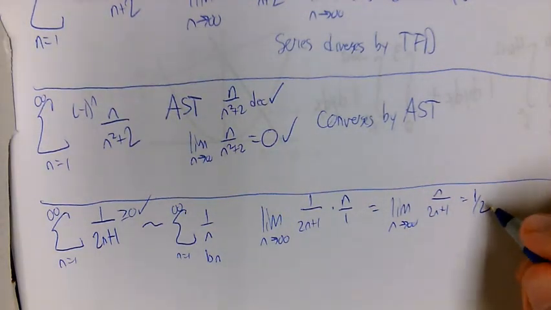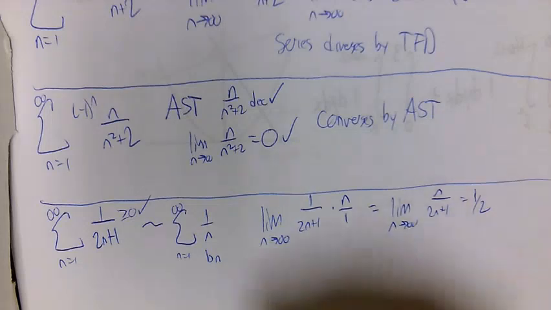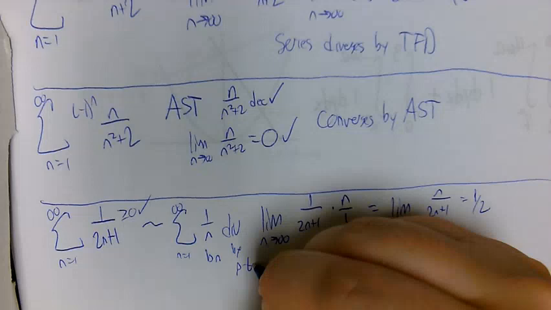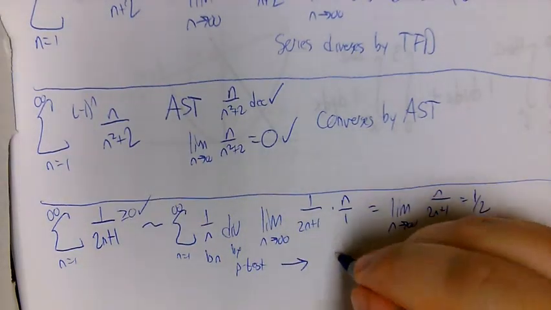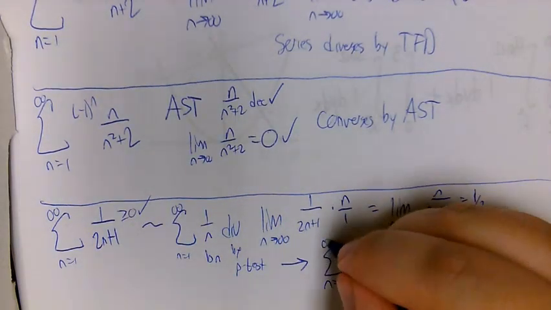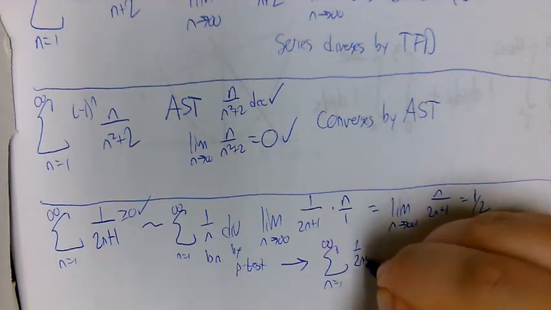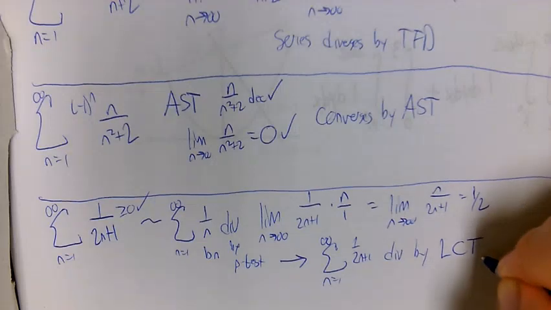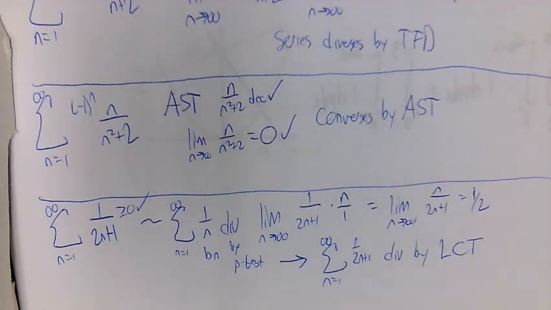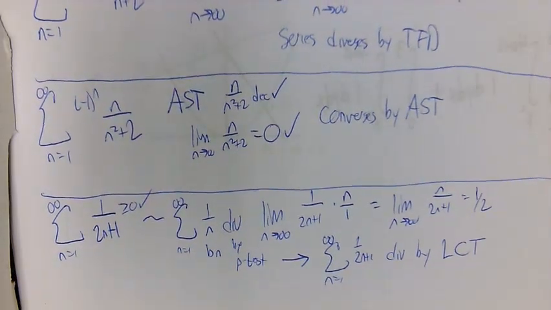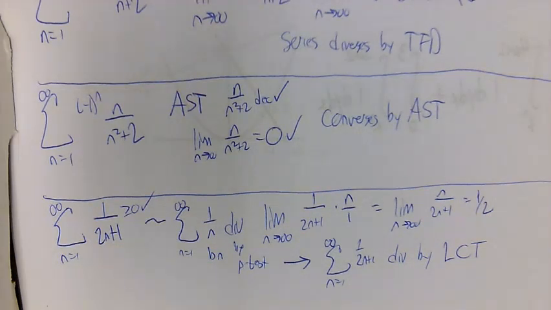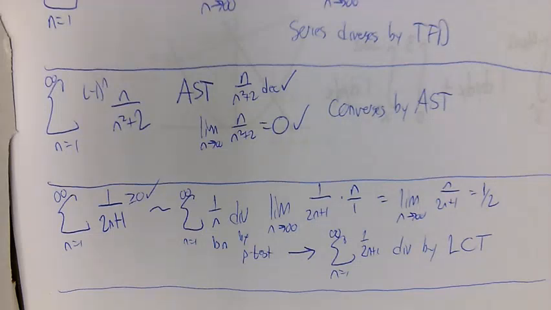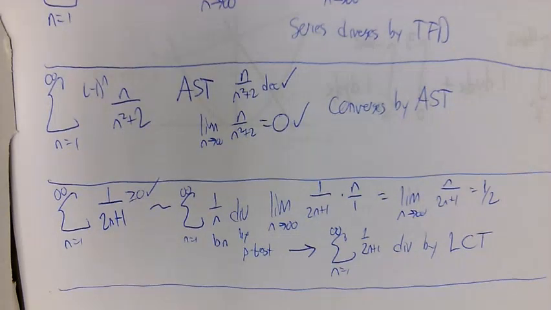Now 1/2 is in between 0 and infinity, so since this diverges by the p-test, then our original series will diverge by the limit comparison test. And remember, if we get something in between 0 and infinity, both our comparison and our original series do the same thing. Alrighty, so that one wasn't too bad here.